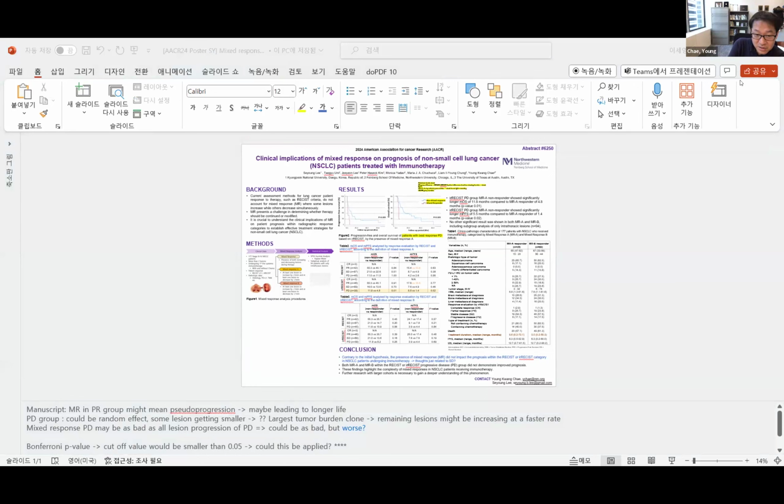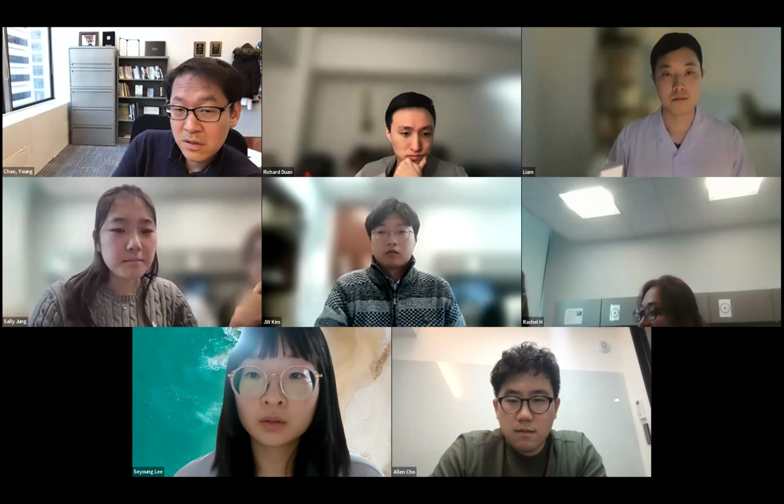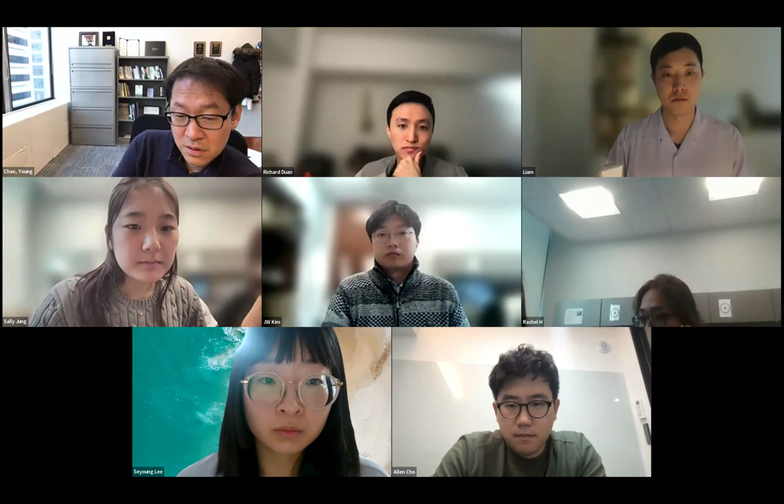Okay, anything else, Seong? Yeah, I have two more posters to show. So this one is the CIP with Picture Health. The title is AI powered radiomics model. I don't see it, you have to share it.